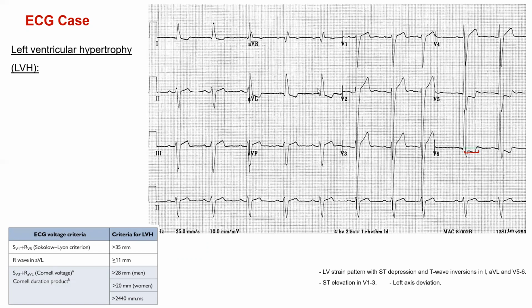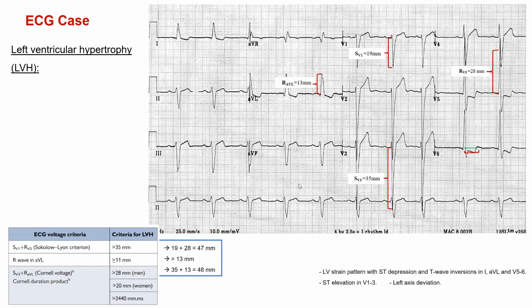Also there is evidence of left axis deviation. Look at the standard leads. Moreover, I would like to draw your attention to the amplitude of the R wave in the aVL lead, which exceeds 11 millimeters. This is an additional diagnostic criterion for left ventricular hypertrophy.